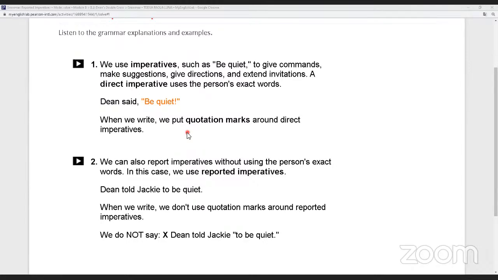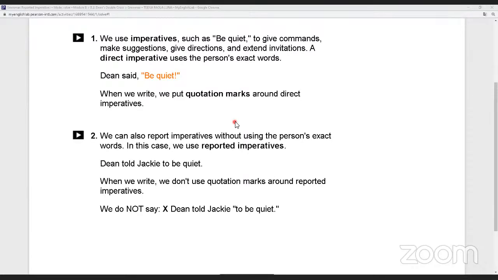In other words, we're gonna use the person's exact words. I'm not gonna modify anything. If you say, you have to take care of yourself, I'm gonna say, Nicole told me, you have to take care of yourself, and I'm gonna write the quotation marks, but I'm using the exact words you said.